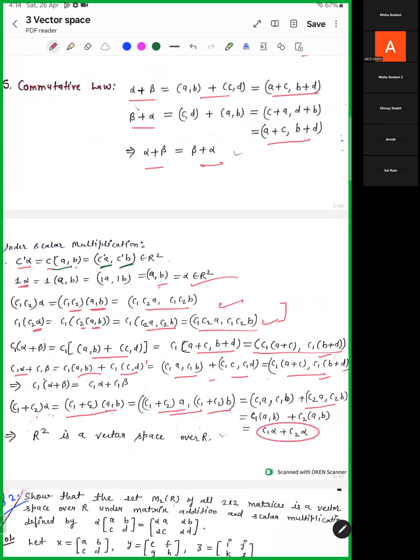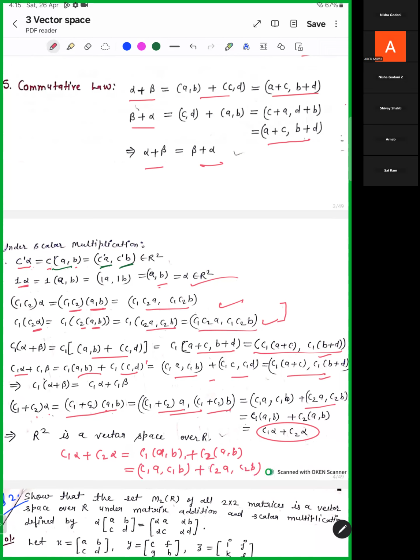Means you can do C1 alpha plus C2 alpha. So, A comma B. Just think about C1A comma C1B plus C2A comma C2B.